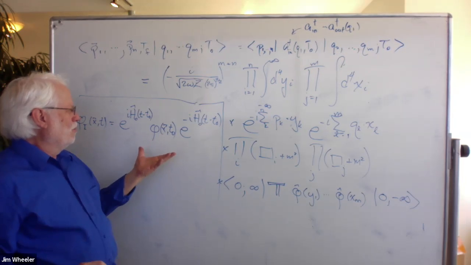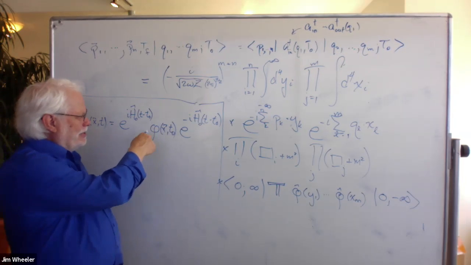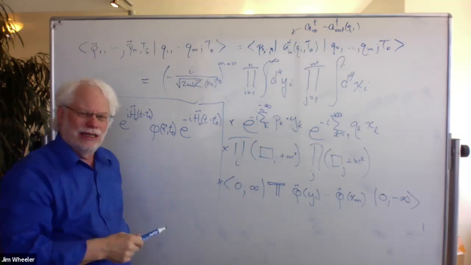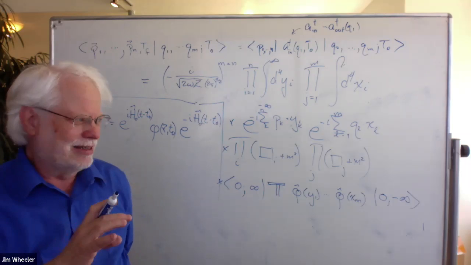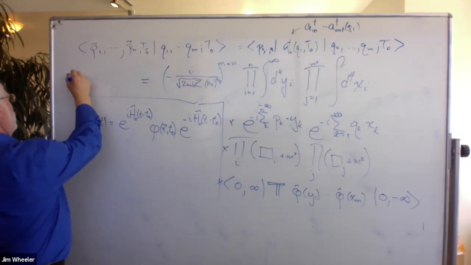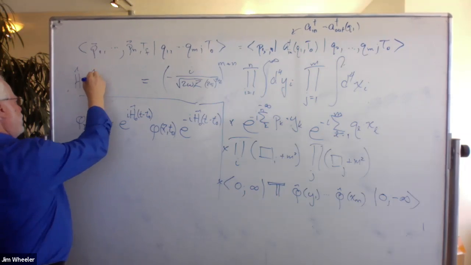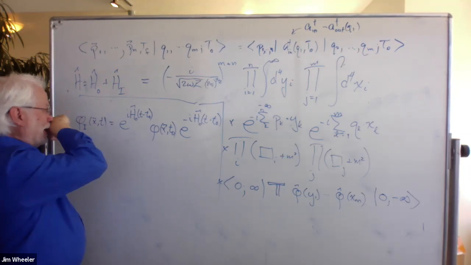Now, what this more or less does is it leaves the time evolution as being only due to the interaction part of the Hamiltonian. We're picturing the Hamiltonian as being written as a free particle Hamiltonian plus an interaction Hamiltonian.